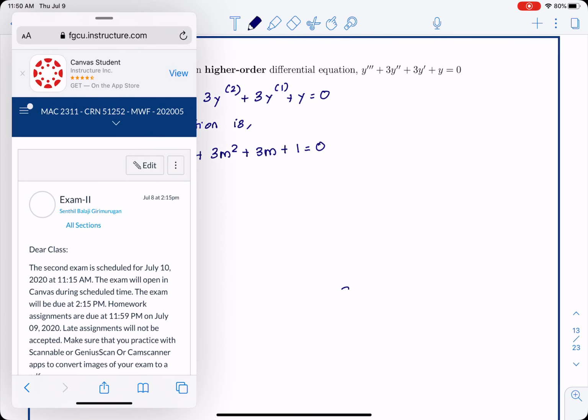So instead of y or instead of m we have x. So x cubed plus 3x squared plus 3x plus 1. And second mode to quit.